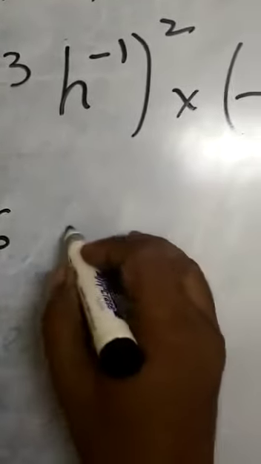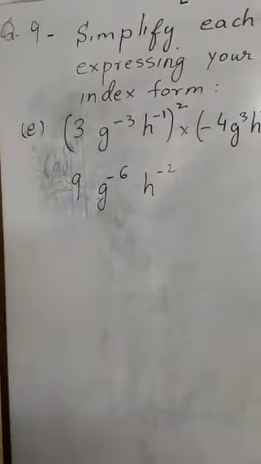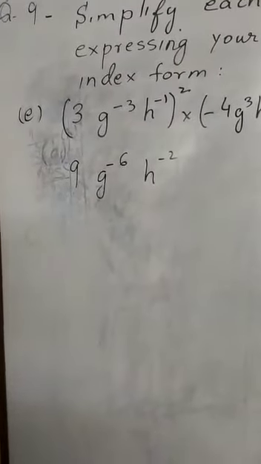Now see, 3 to the power 2 will become 9, so we have to write 9 here. G minus 6, H minus 2. So this bracket we have removed. This is 9 G^-6 H^-2.